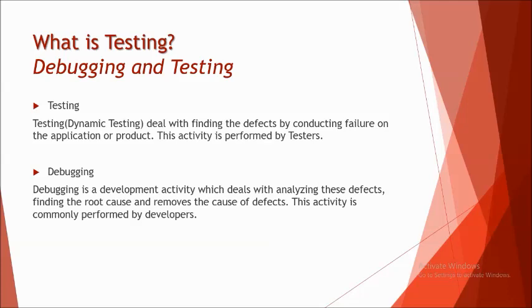Sometimes you get a defect on the screen and it might be due to some other component in the module, creating an impact on another module where you could see it. So the development team's job is to find those root causes and finally remove them, meaning fixing the defect. Once they fix the root cause, your defect should not reappear on the screen when you confirm it by conducting retesting.